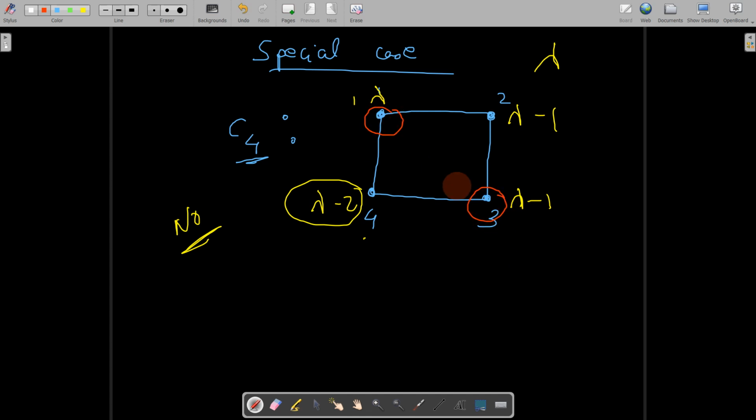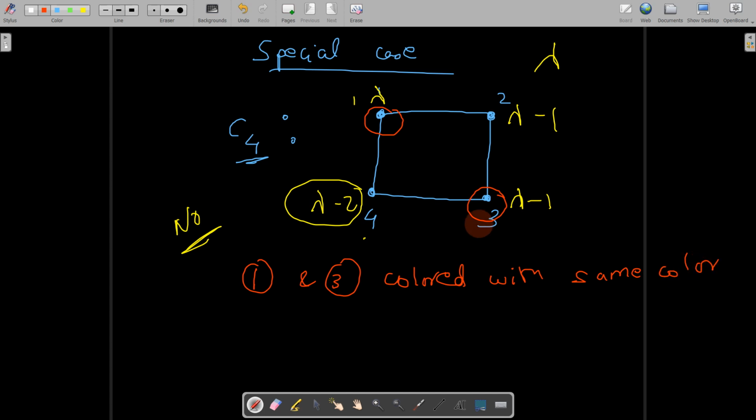Case 1: vertices 1 and 3 are colored with the same color, say red. Then vertex 4's adjacent vertices are both red, so it will have lambda minus 1 options, because only the red color cannot be used.